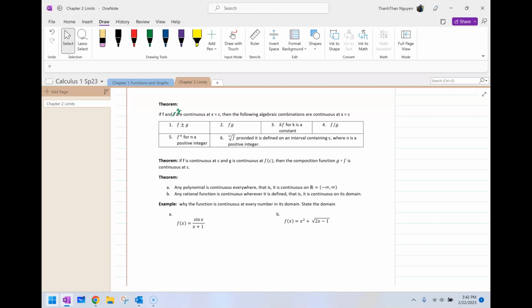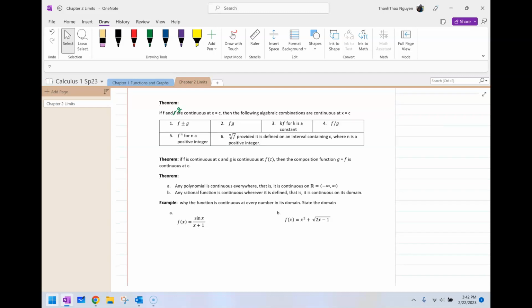If the function is continuous at c for both f and g, and g of c is not 0, then all our operations still work, and the resultant functions are all continuous. If g is continuous at c and f is continuous at g of c, then the composition function f composed with g is also continuous at c.